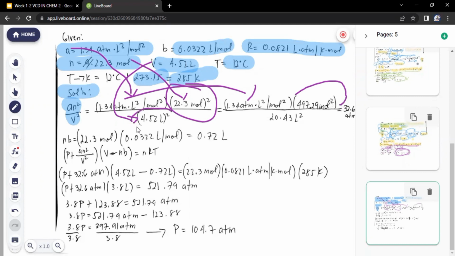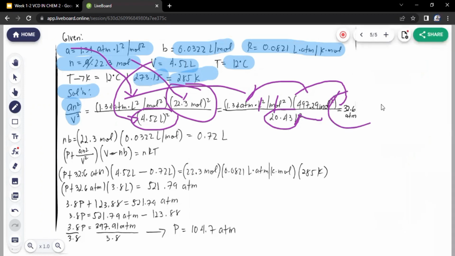The value of your volume, 4.52 squared, that is 20.43 liters squared. You can cancel the units here already, liter squared, mole squared, then multiply 1.34 to 497.29, get the product of that, then divide the product by 20.43, you will have 32.6 atmospheric pressure.